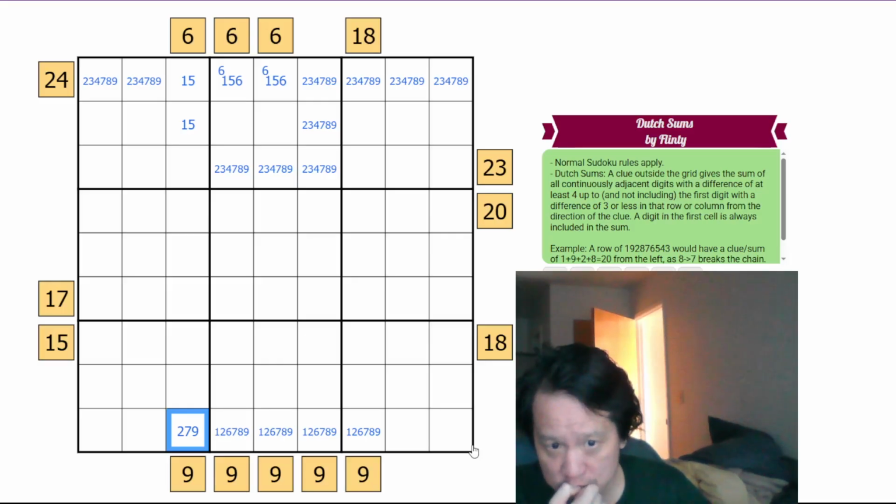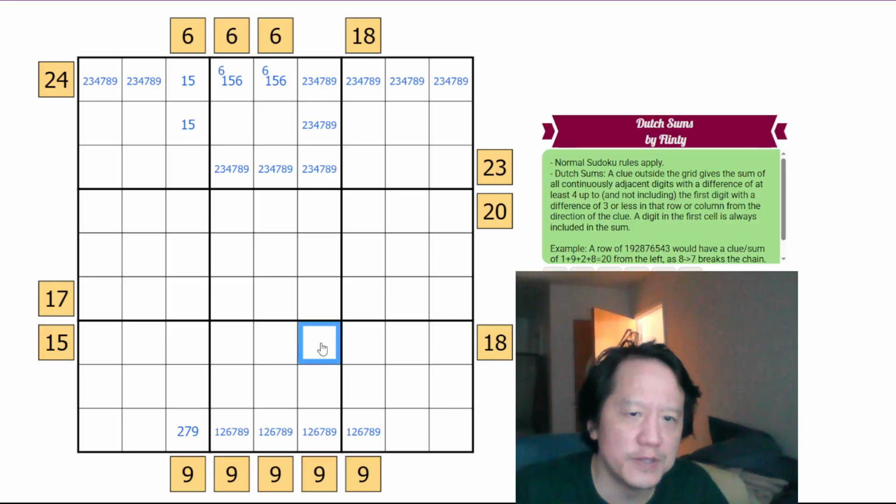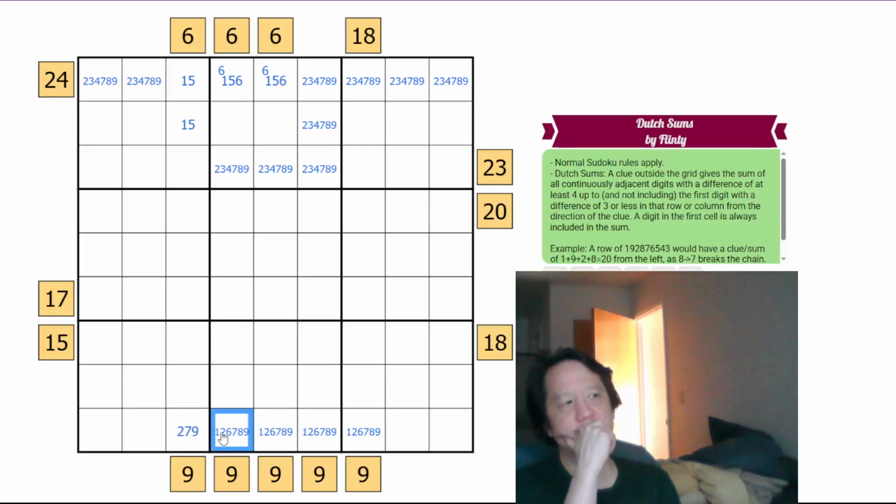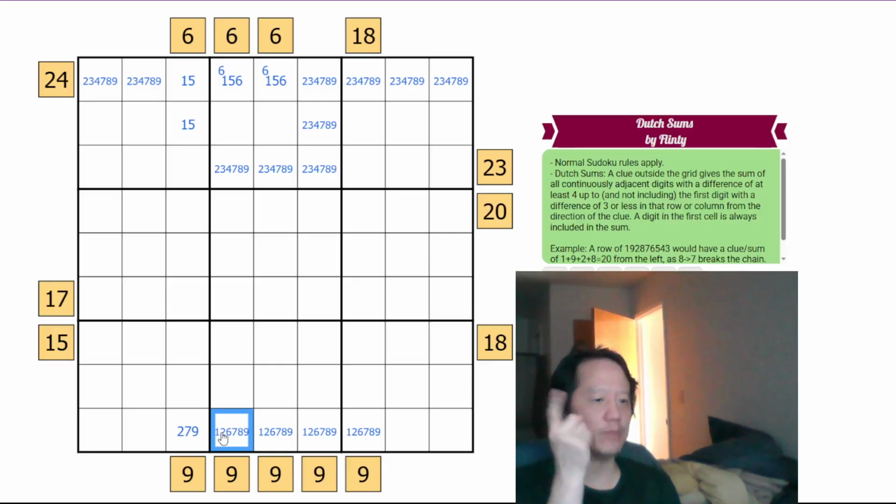How about in this box? You cannot have 1, 2, 6. Because if you had 1, 2, 6 here, the problem is that would eliminate all possibilities for the other 2 columns. I mean, it would eliminate all but the 9 as a possibility.